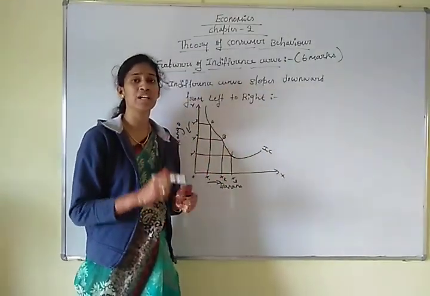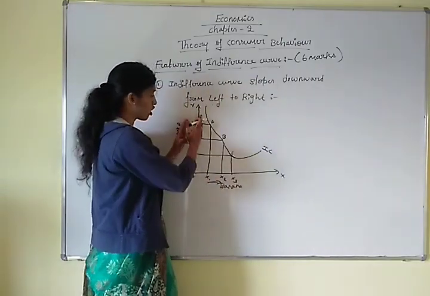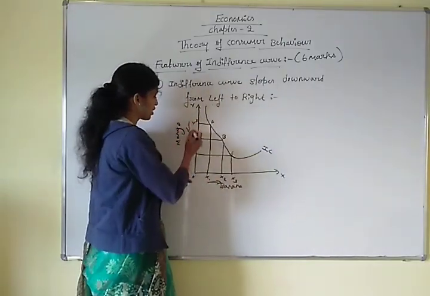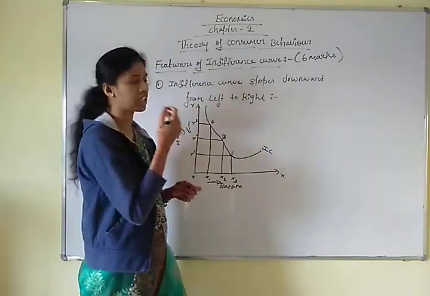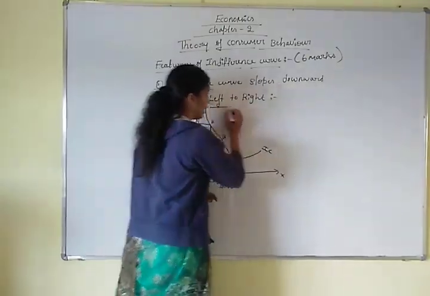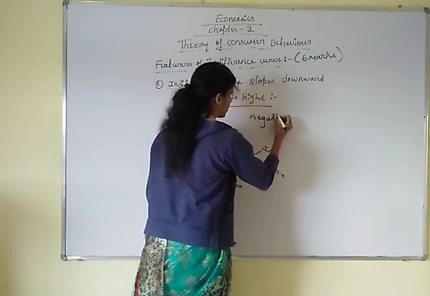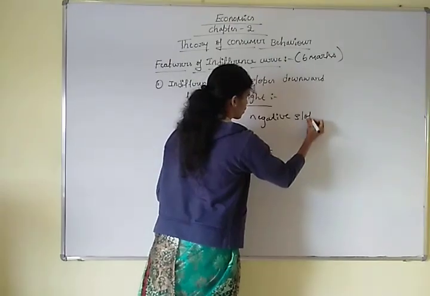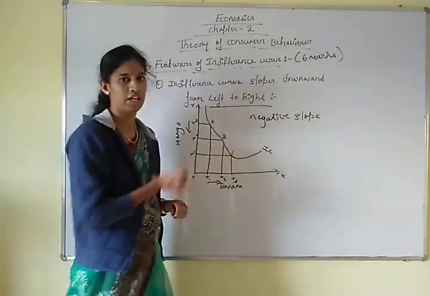If the consumer increases the consumption of one commodity, it is only possible through reduction of the consumption of another commodity. It is a negative sloped curve.